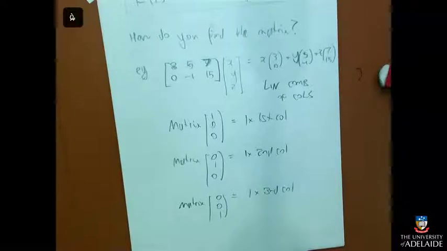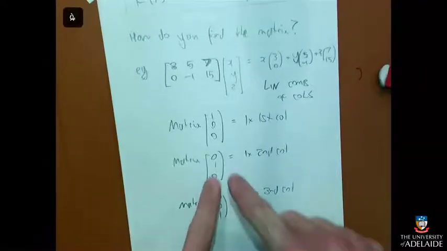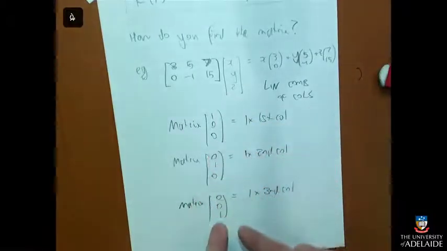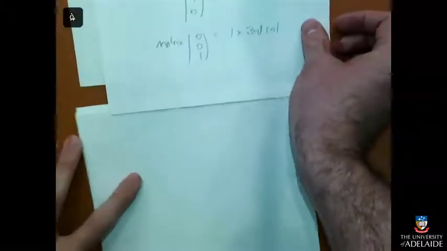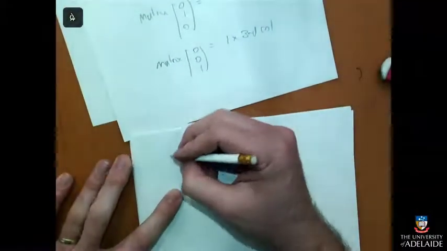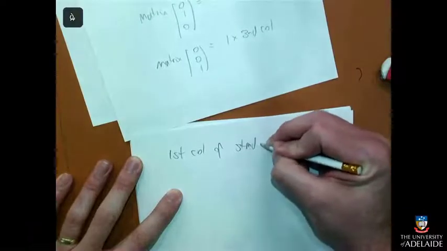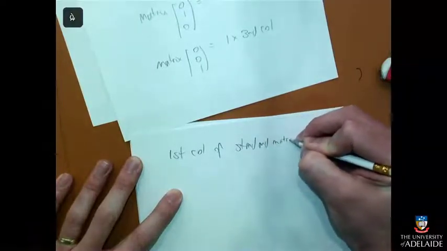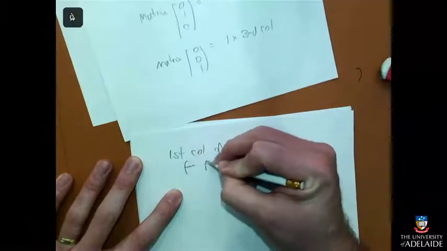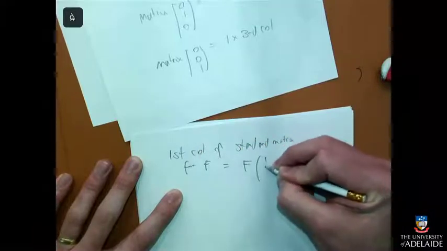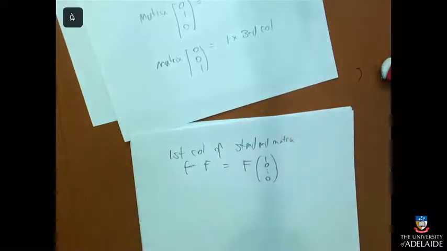I know that I can write it as matrix times vector. So if I want to figure out what the first column of the matching matrix is, all I have to do is figure out what I get when I do 1, 0, 0. So what that means is that the first column of the standard matrix for F is F of 1, 0, 0, that vector.